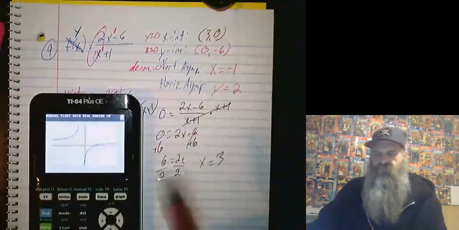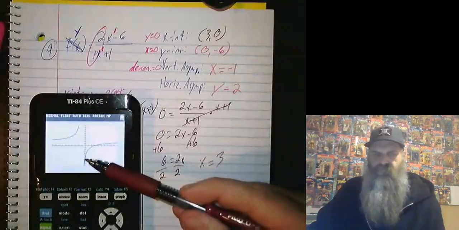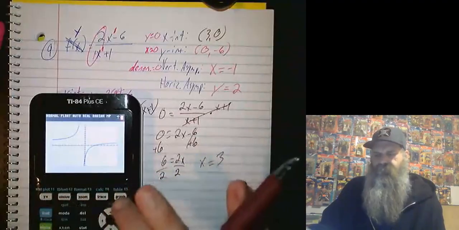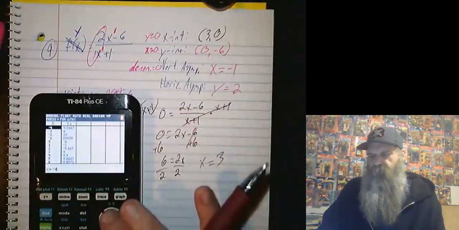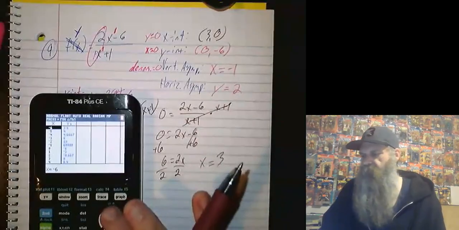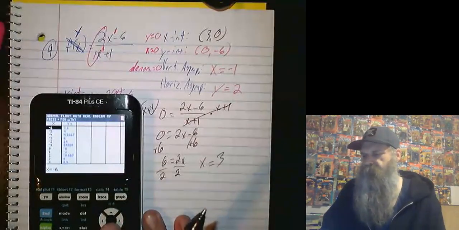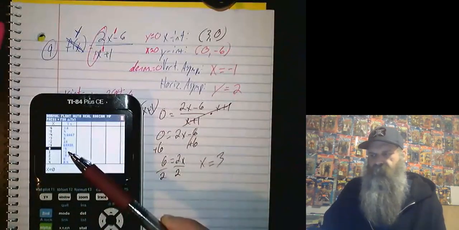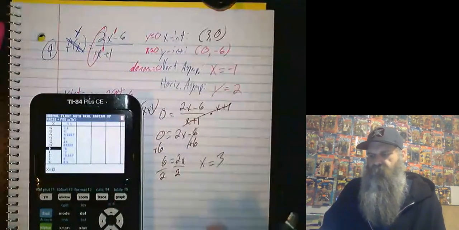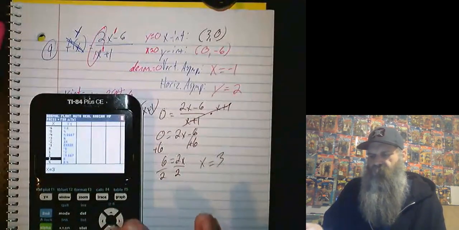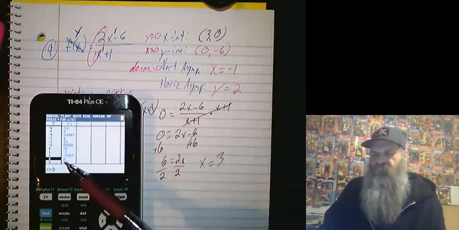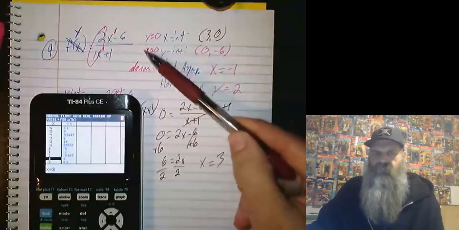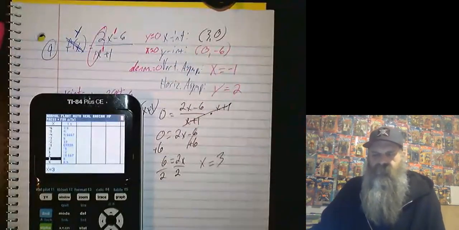We can see that the y-intercept, maybe it's hard to see, but you can go to the table and we'll find 0, -6 is the y-intercept. 3, 0 is the x-intercept. So again, if you know this, you can just graph it and look at the table.